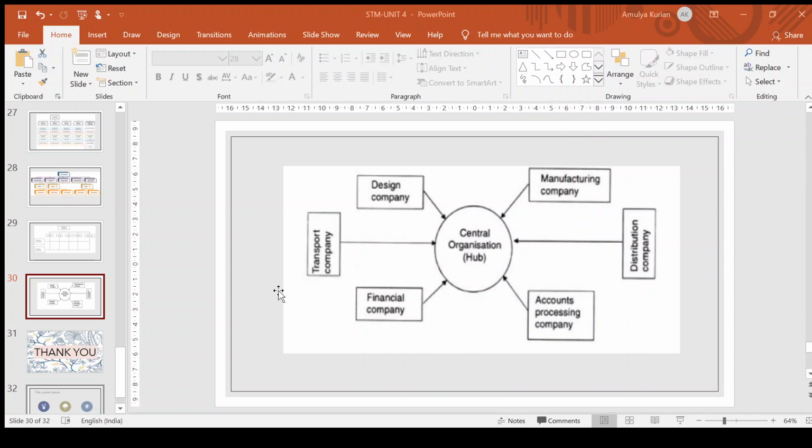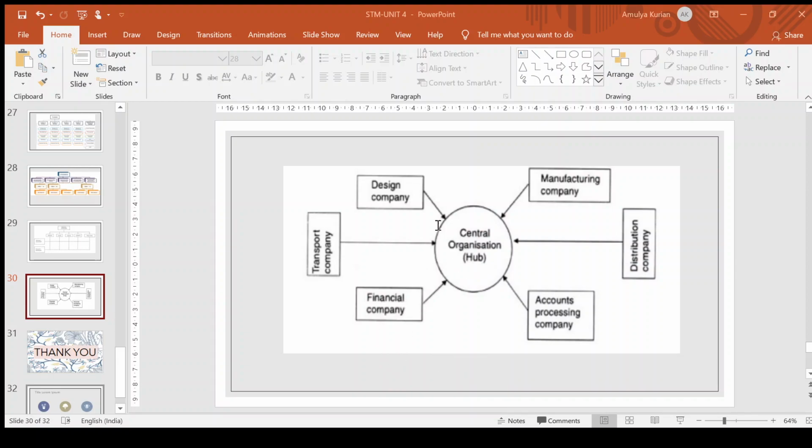A networking organization is called a boundaryless organization, as the central organization has relationships and arrangements with many business partners beyond its own boundary lines. So, okay, that is about network organization.